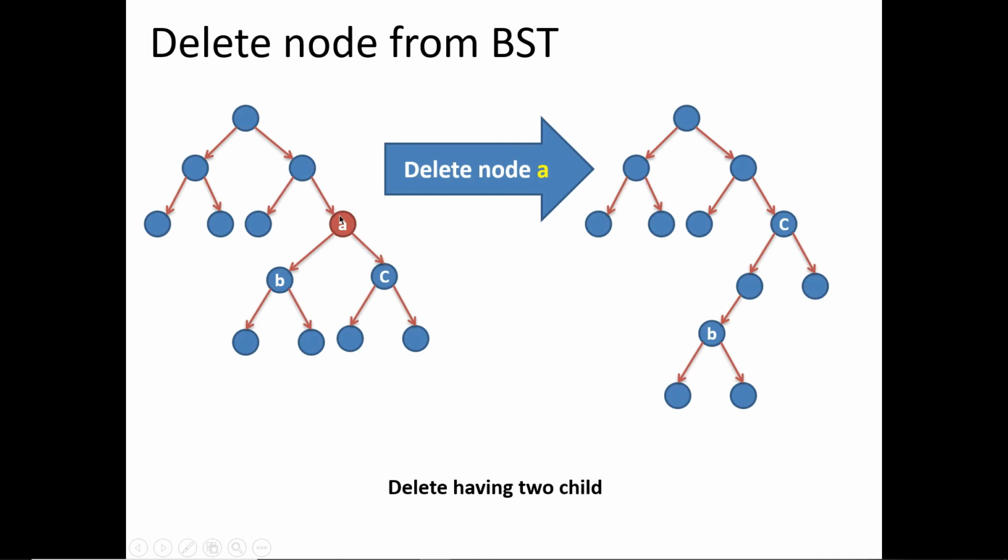If we want to delete this A, then we have to check the right subtree of this node, and from this the smallest element we have to pick and copy into the position of A. So now C is located over here and this has two children, left child and right child, and then again B is located over here because it is smaller than this node, and this node has two nodes, that is left and right.